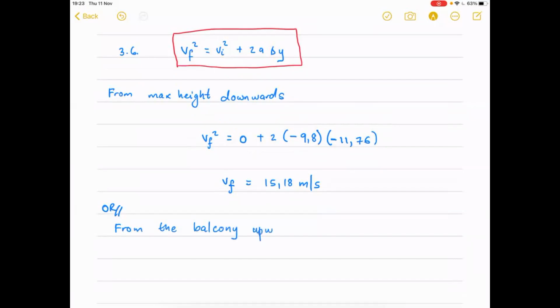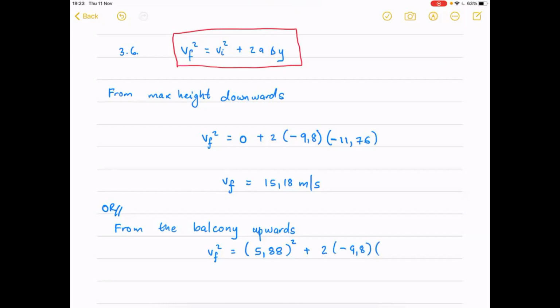So from the balcony upwards, the whole motion. So we're going to still have VF squared is equal to, but now what is VI? VI is what we calculated. It was 5.88, okay? Plus 2A is that.